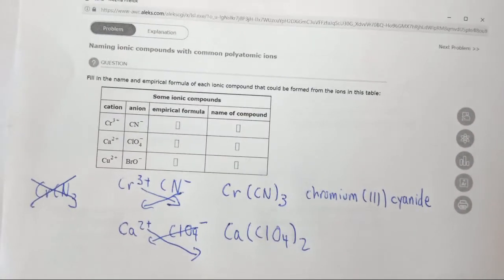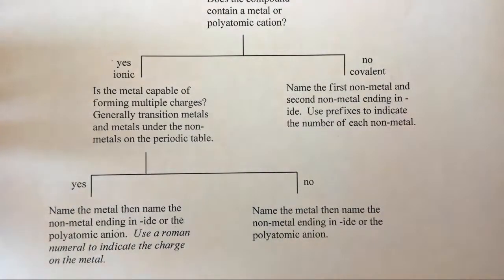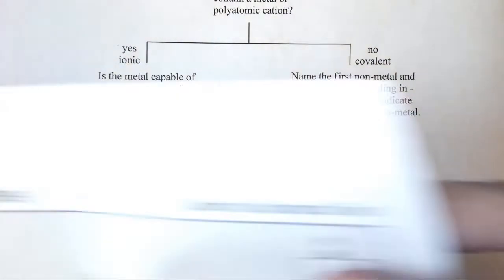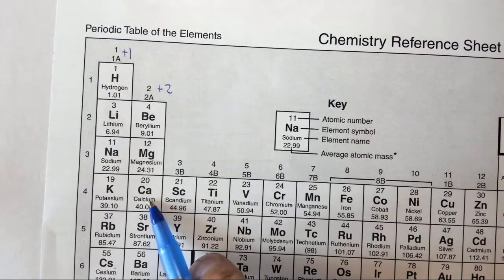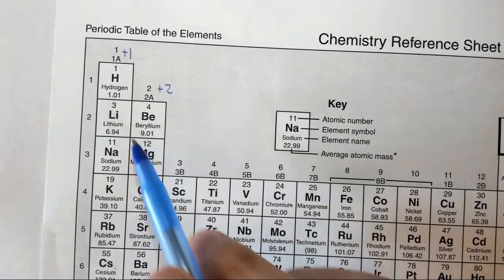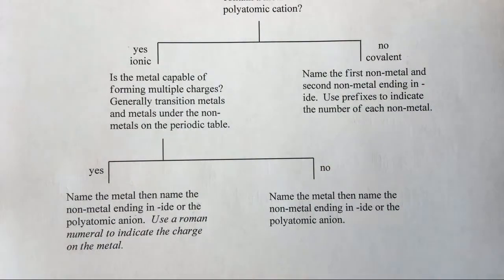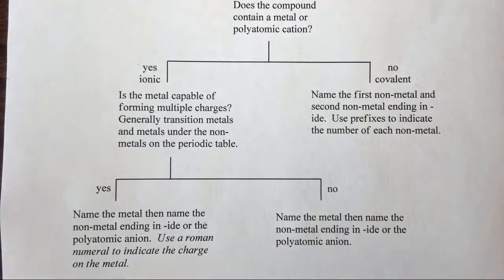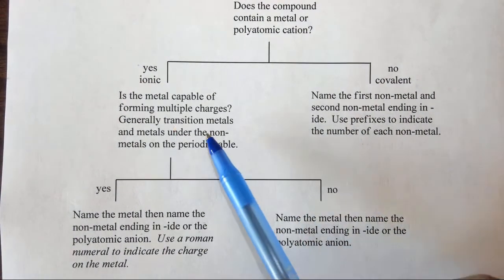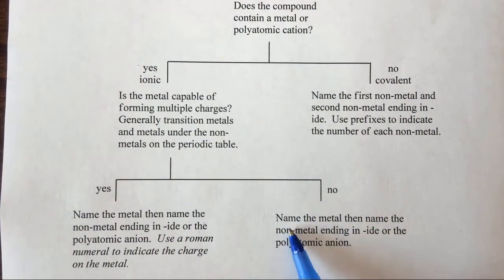Going back to our flowchart, it does contain calcium, and calcium is a metal, but it's a main group metal. It's in 2A. It's not a transition element, or it's not underneath the nonmetals, so it can't form multiple charges. So here the answer is no. So name the metal, then name the nonmetal ending in "ide" or the polyatomic anion.